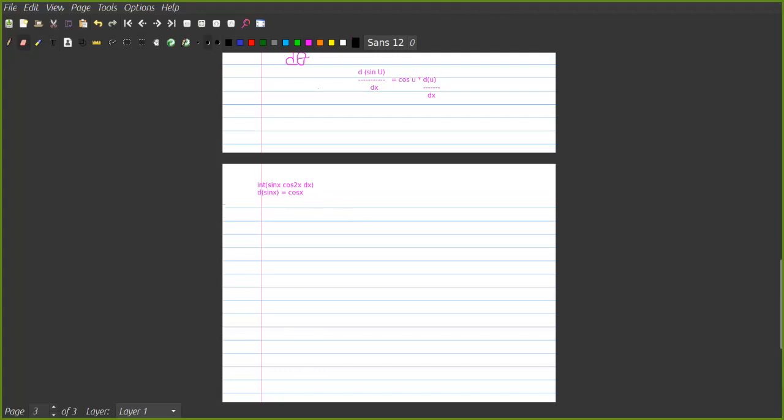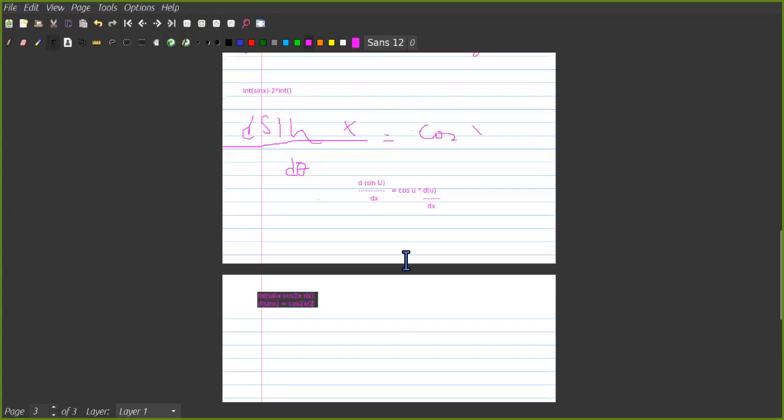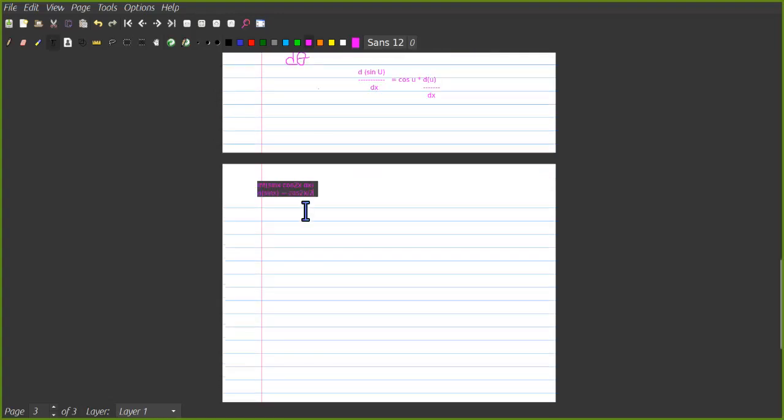If we go sine of 2x, and then we divide by 2.